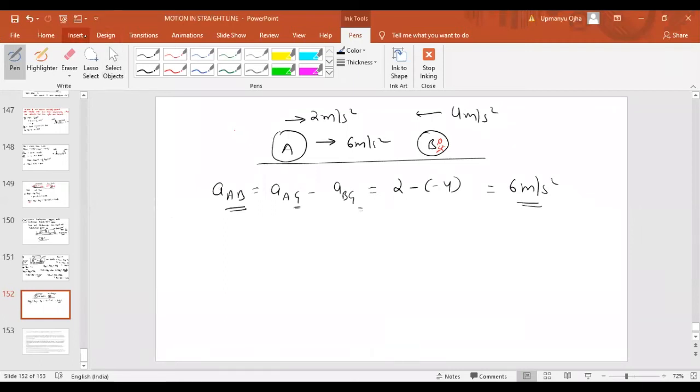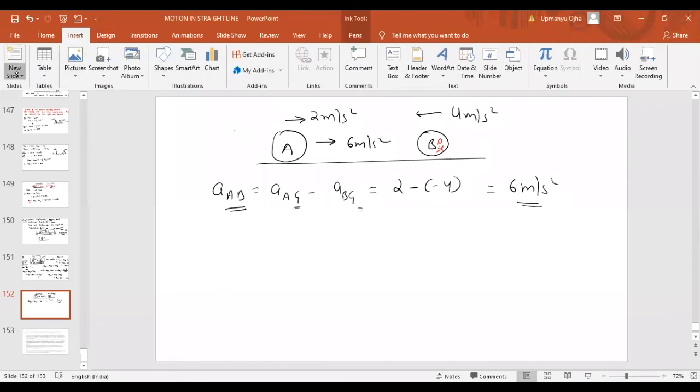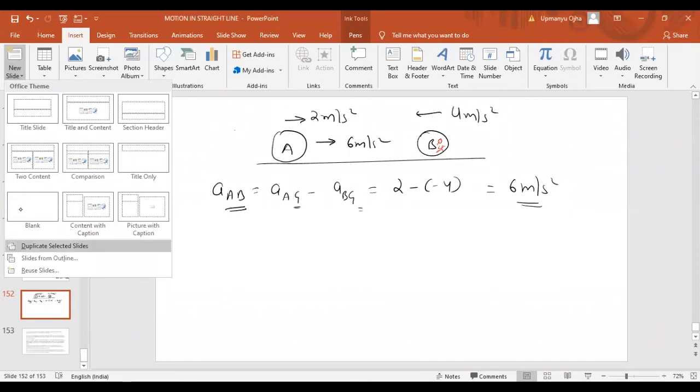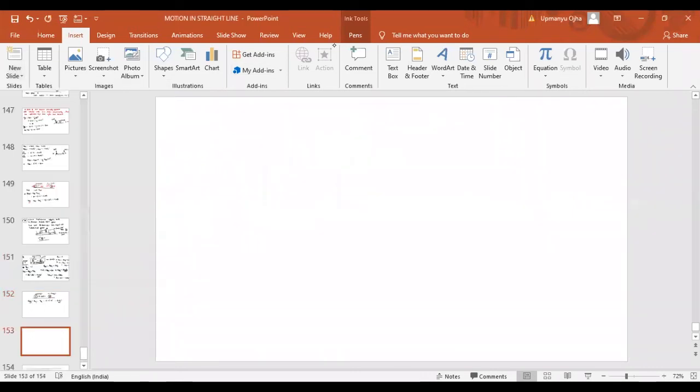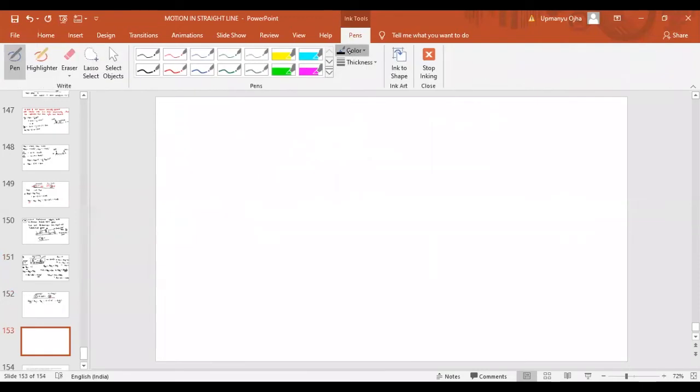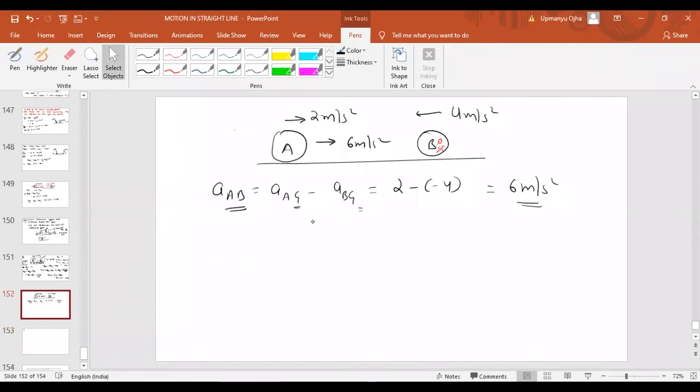Now, next concept is the equation of motion for a constant acceleration in relative terms. But one more example I'll tell you in this relative acceleration. We have a building like this.